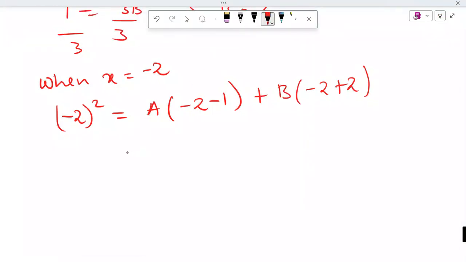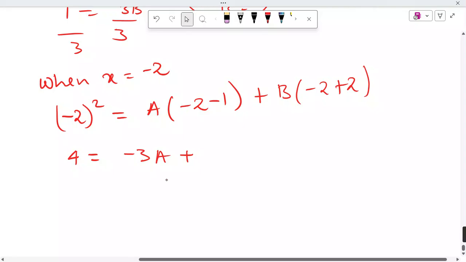So okay, we continue. So this is 4 equal to, this is negative 2 minus 1, so negative 3a plus negative 2 plus 2, that's 0, so we won't write it. This is just the same as plus 0. So we have 4 equal to negative 3a.